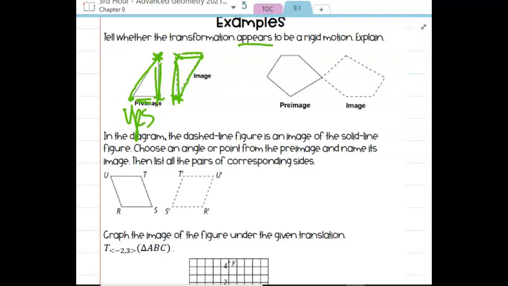Now, if I look at the second one, I had to look at it for a little bit. No. If I were to do maybe that one and this one, it's a shorter side. Yeah, but the side is long. It'd have to be one of these two. I couldn't figure out a way to, and once again, keyword here is appears.